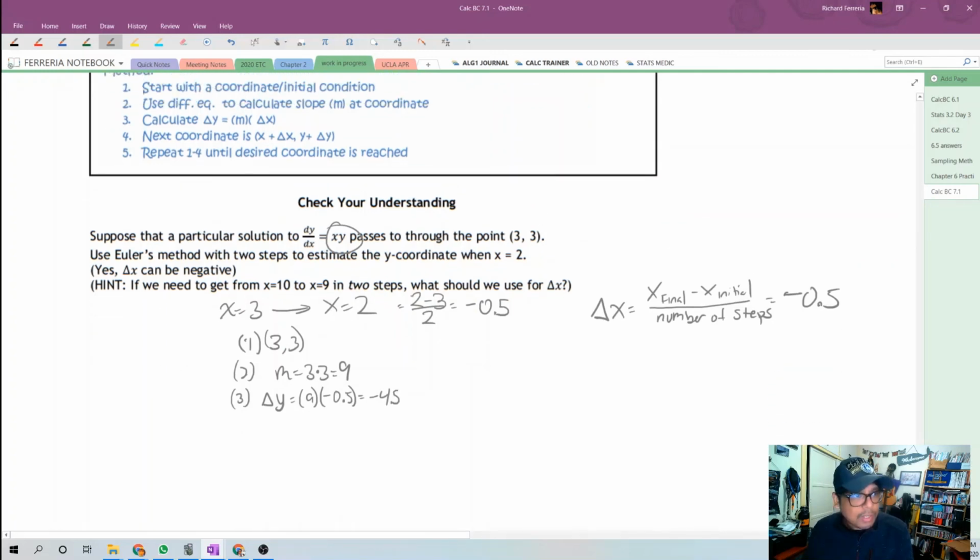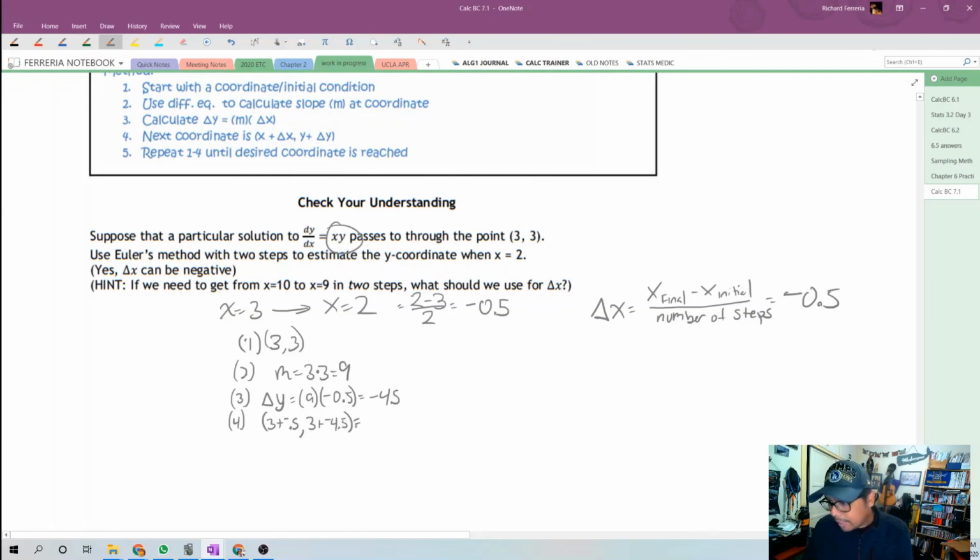No, definitely not. Number 4, we're going to find our next coordinate, which is x plus delta x and y plus delta y. So x plus delta x is 3 plus negative 0.5. Y plus delta y is 3 plus negative 4.5.